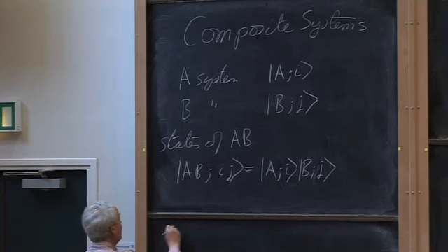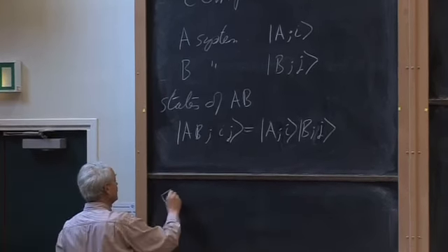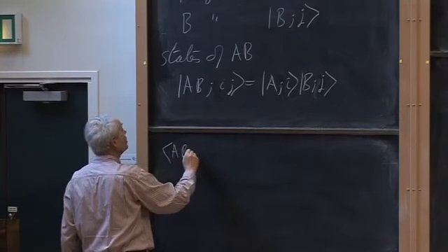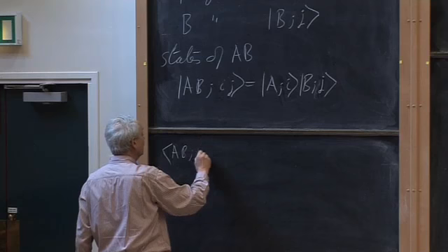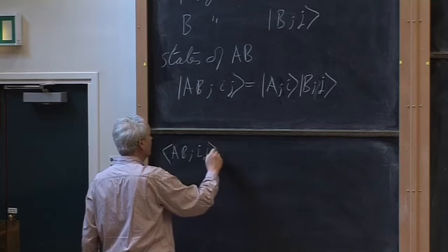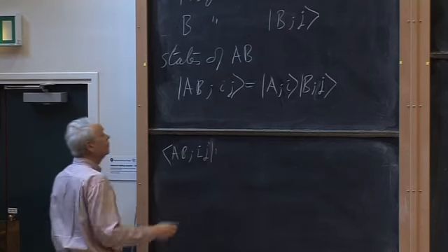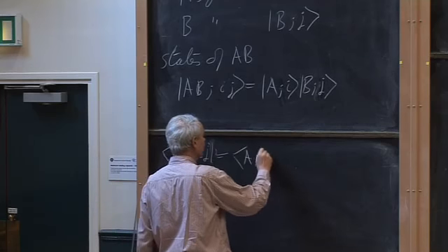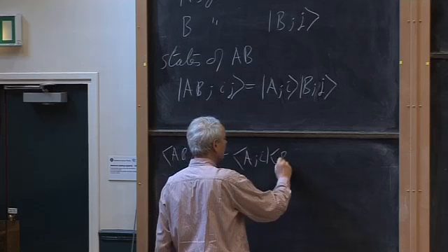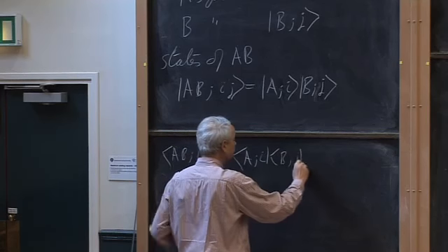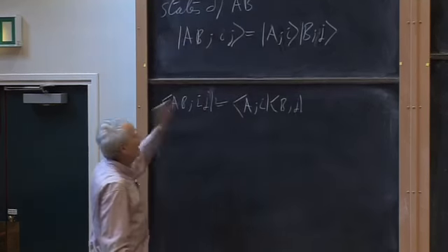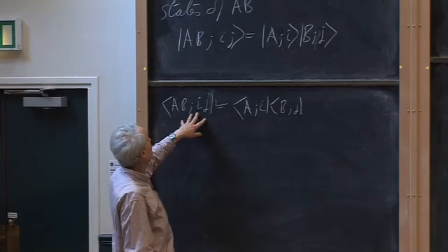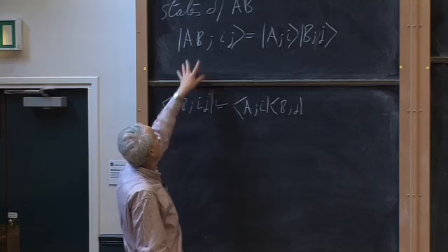Then we can have the bras. There must be associated bras. Since this is a state of a system, it has a bra, which is equal to, of course, the logical product of the bras. We give meaning to this by explaining what happens when this goes onto this.